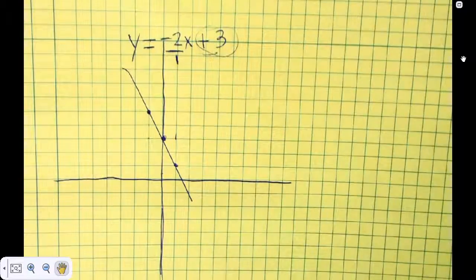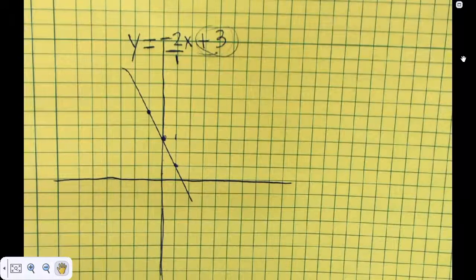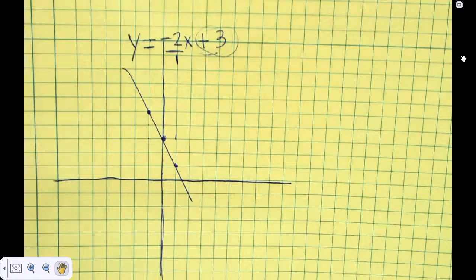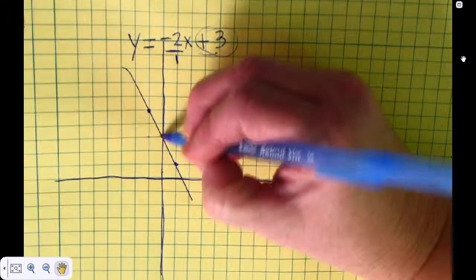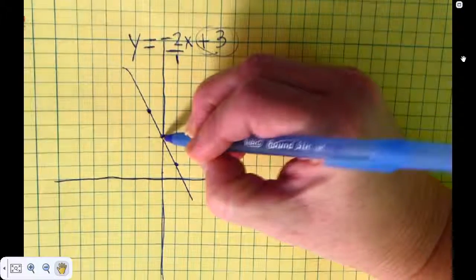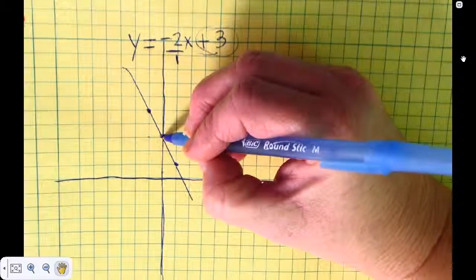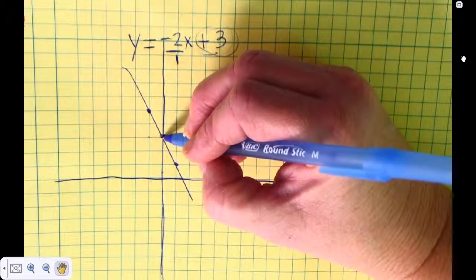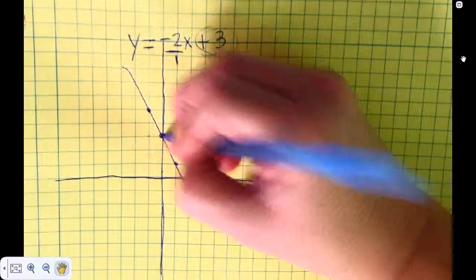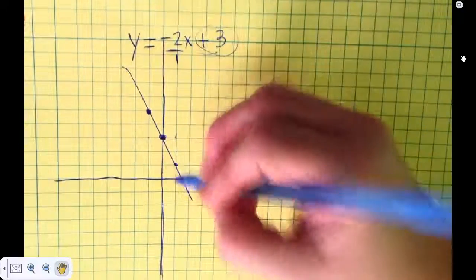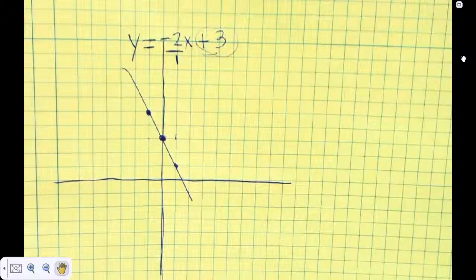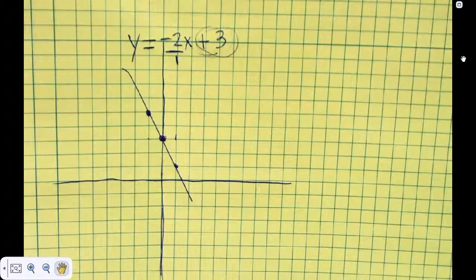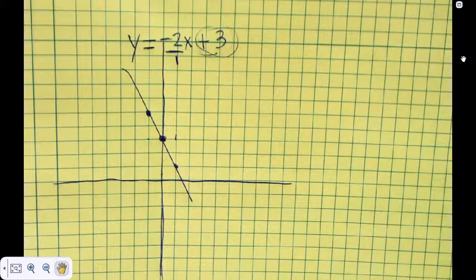Hey, I have not told you guys this, but I thought about it yesterday. When you're making your points on your paper, if we're graphing, please make sure you have a sharpened pencil. When you're doing it on your pencil, graph paper, not the marker, just make a tiny dot.